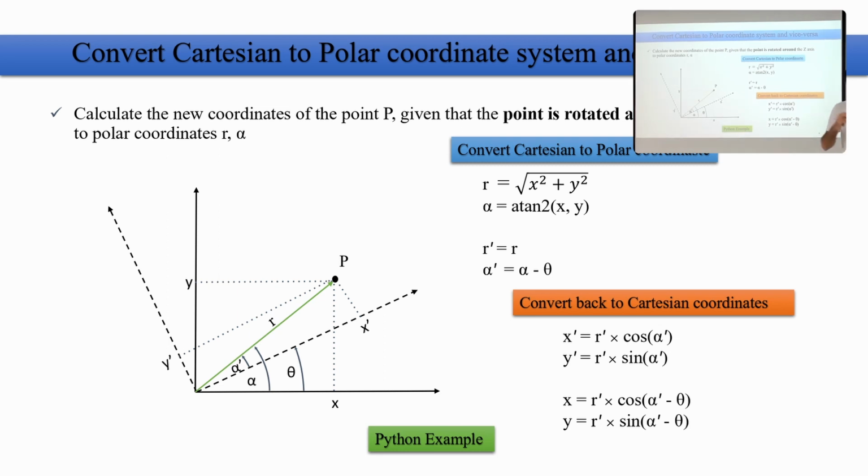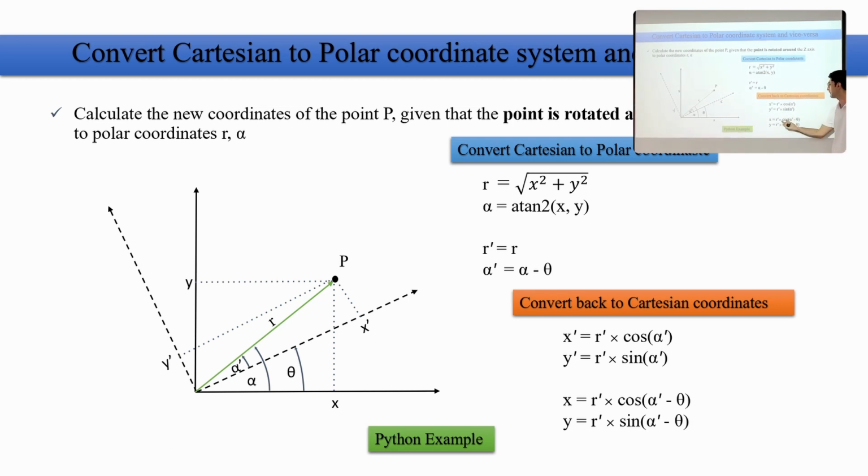So now after converting back, if you want to apply the rotation again, the amount of rotation that we did here, if you want to revert it or rotate it again, finally x and y can be shown by this term. X is equal to r prime times cosine of the alpha prime minus theta, where theta is the amount of rotation that we've done, subtracted from alpha prime. Alpha prime was the first one that we calculated, converted, and rotated.